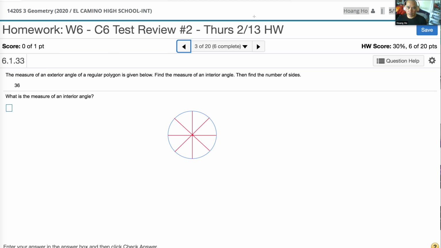So this is an octagon, a regular octagon to be exact.